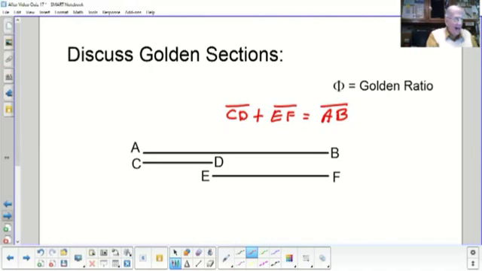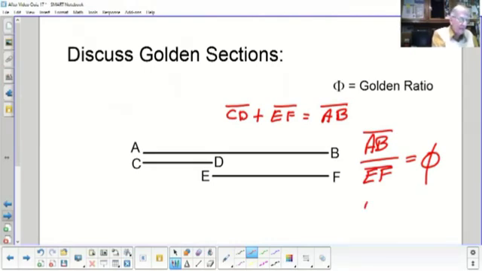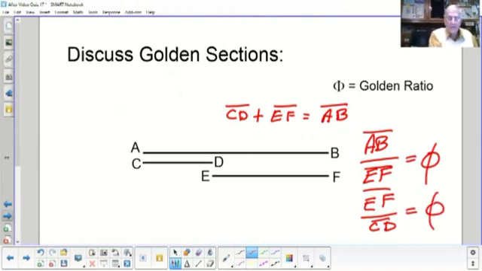Secondly, if you divide the longest segment, in this case AB, by the middle length segment, EF, you will get phi for your answer. And the same is true about the middle length segment divided by the shortest segment. It will also give you phi. So don't forget that. Those 3 properties have to be satisfied for those segments to be known as golden sections.